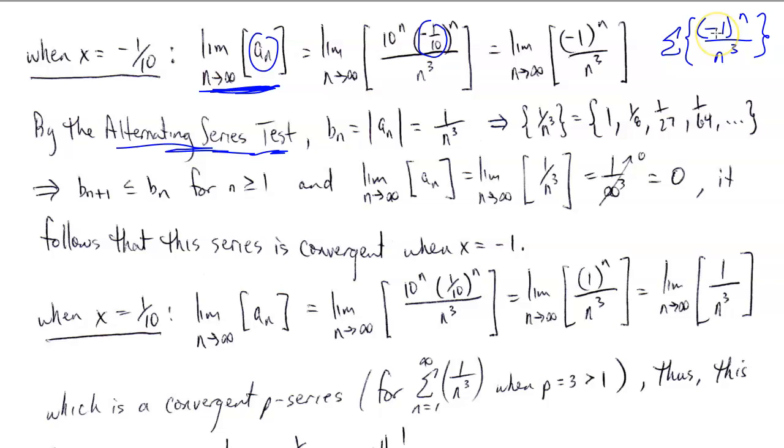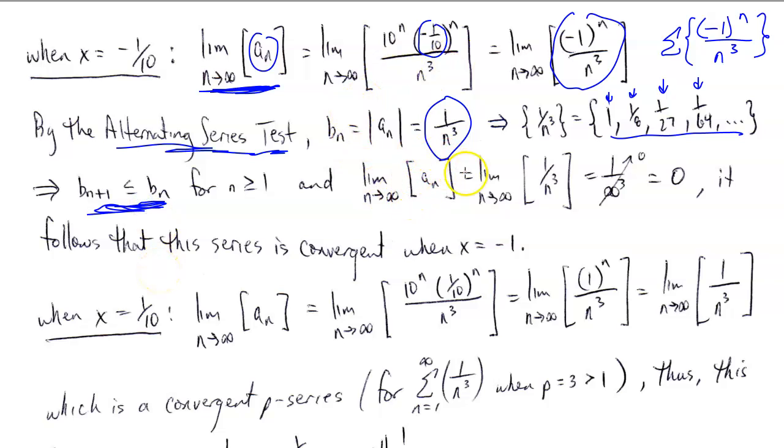Because it is an alternating series, so we can use the test that's made for alternating series. So we look at the non-negative portion of what this is here, which is just 1 over n cubed. Of course, if we list these values here, we see that 1 is greater than 1/8, and 1/8 is greater than 1 over 27. 1 over 27 is greater than 1 over 64. So it meets the first condition of the alternating series test.